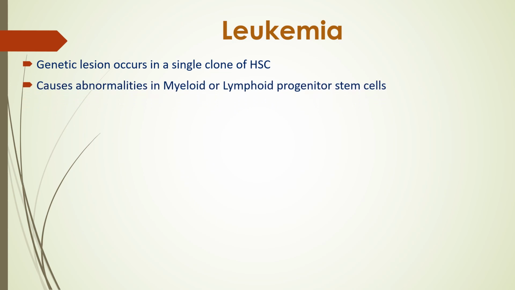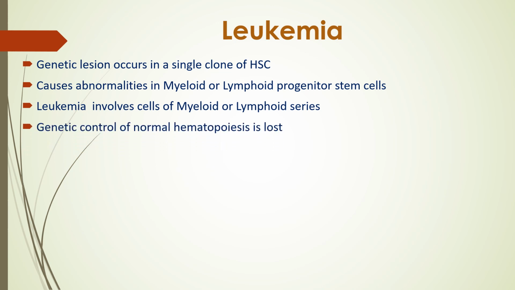Due to the abnormality of the hematopoietic stem cell, it also causes abnormalities in the myeloid or lymphoid progenitor stem cells. So if the abnormalities occur in myeloid or lymphoid progenitor stem cells, then the leukemia involves the myeloid or lymphoid series. So the cells of the myeloid series may be affected, or the cells of the lymphoid series may be affected.